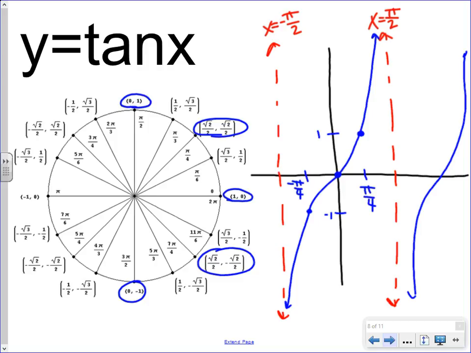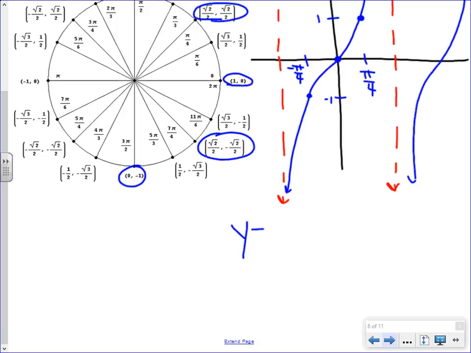Okay? Now, a big difference that we need to understand. What is the distance between the asymptotes? Pi. Tangent has period pi.